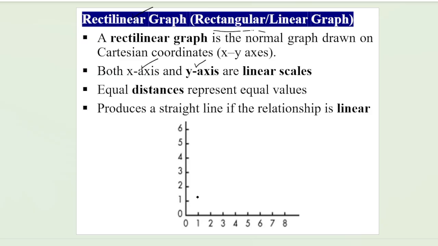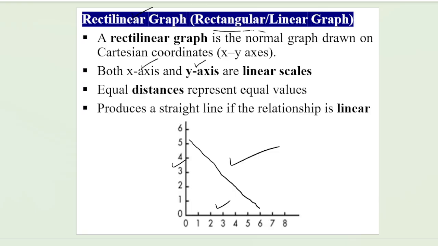And if there is a straight line, like this, there is a linear relationship between the y-axis and the x-axis. तो y-axis के ऊपर जो हमारा पैरामीटर होता है, there is basically a linear relationship between these two parameters. तो depend करता है, if the line is straight, it means there is a linear relationship.